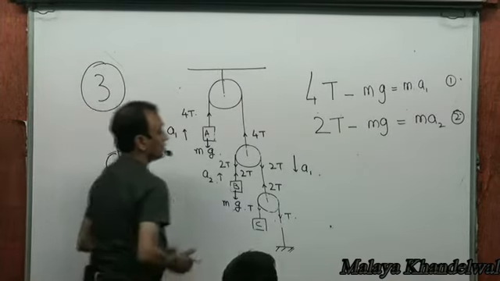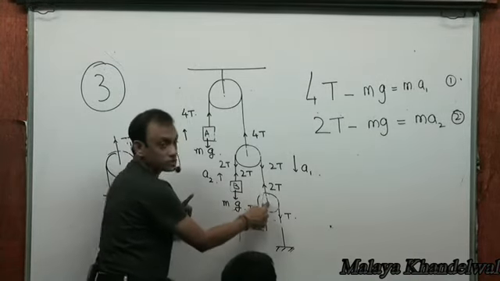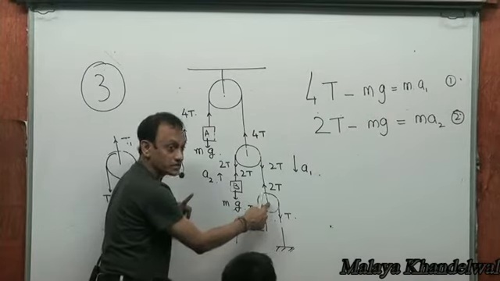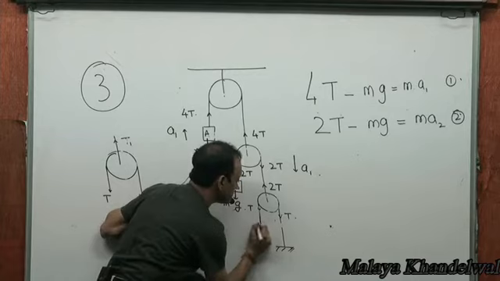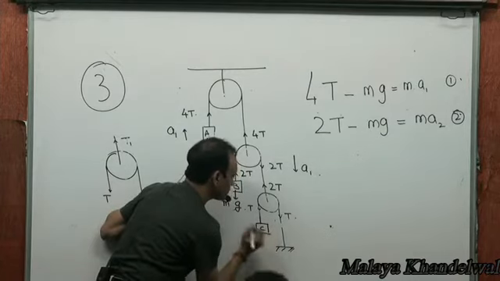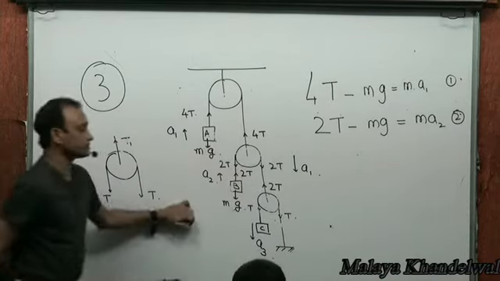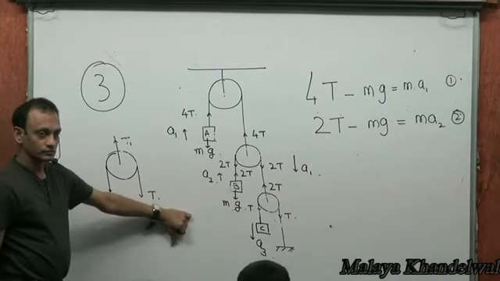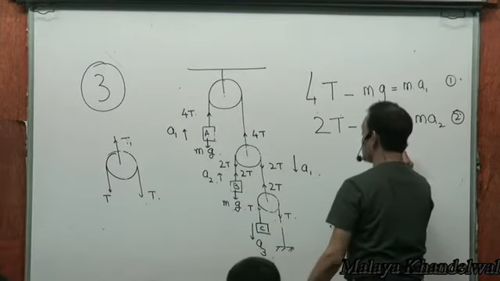Now, say the acceleration of this mass C is A3 downwards. Okay. What would then be the equation of motion for C?